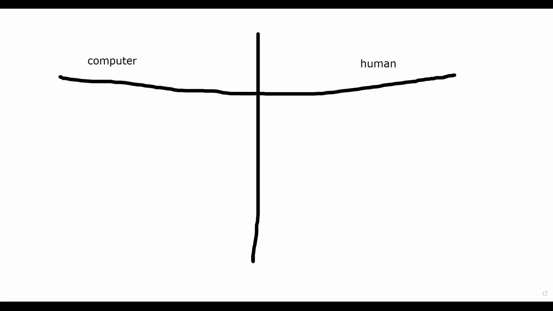Dulina, if you compare a computer with a human, what differences do you see? Computers are more accurate. Okay, let's say more accurate. And humans are less accurate, is it? Yeah. Okay. Bhagya?